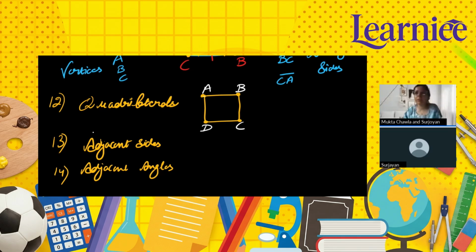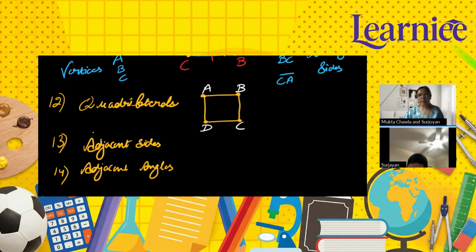Suppose two students are sitting on one desk. If one student is sitting beside the other, we would say that they are adjacent to each other, sitting next to each other.